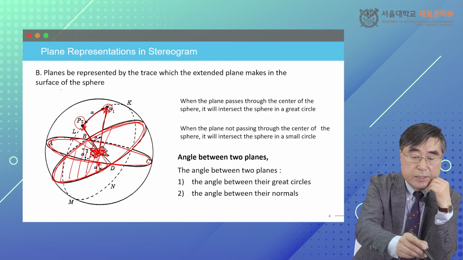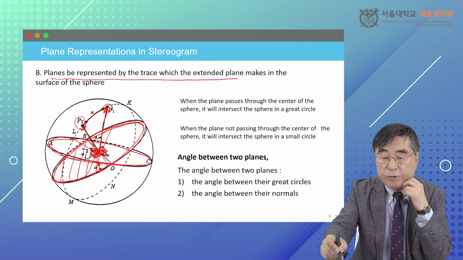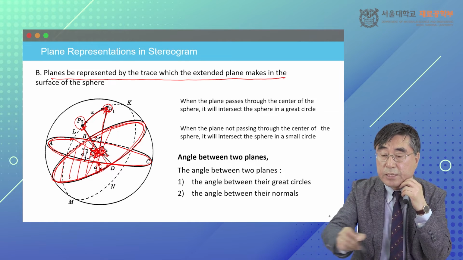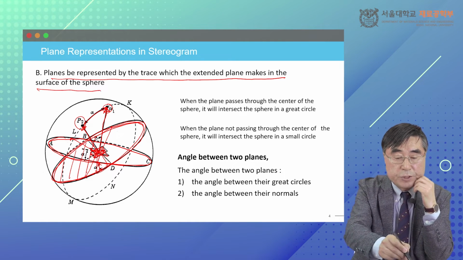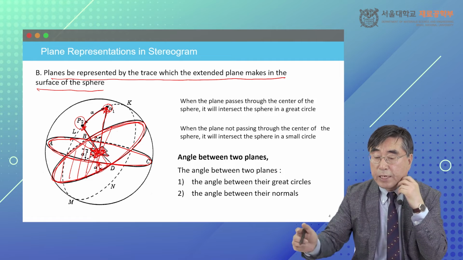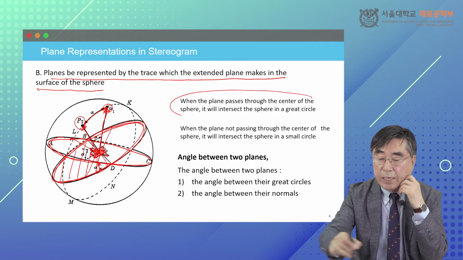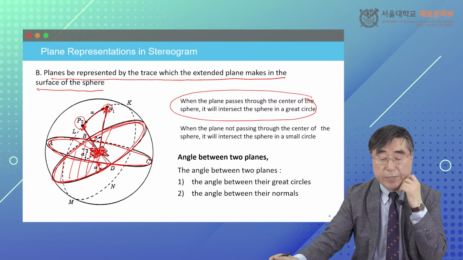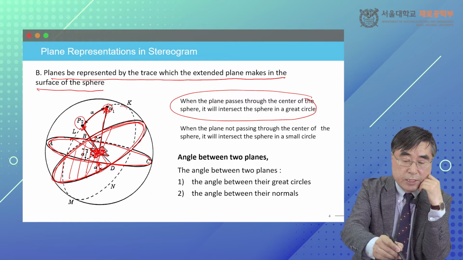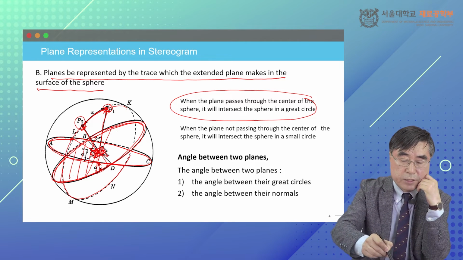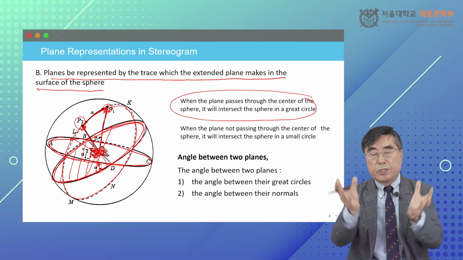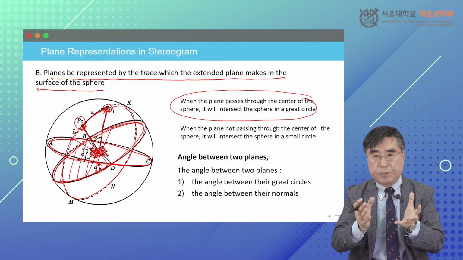Okay, so planes can be represented by the trace which the extended plane makes on the surface of the sphere. When the plane passes through the center of the sphere, it will intersect the sphere in a great circle, which is the circle we can make with the same radius as the sphere.